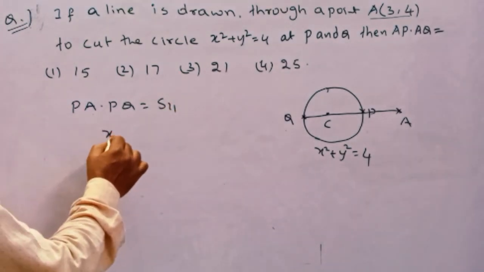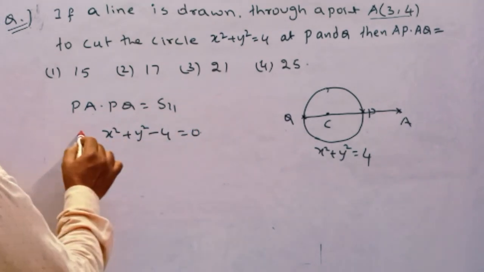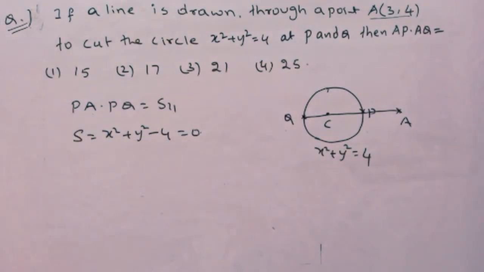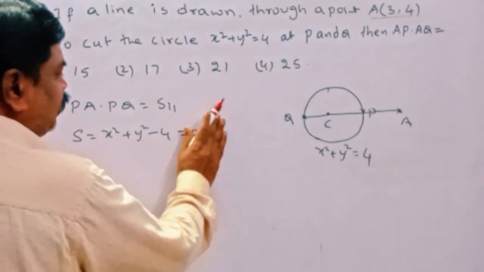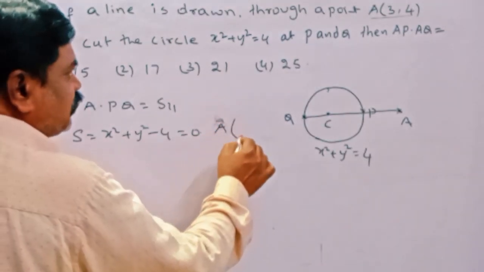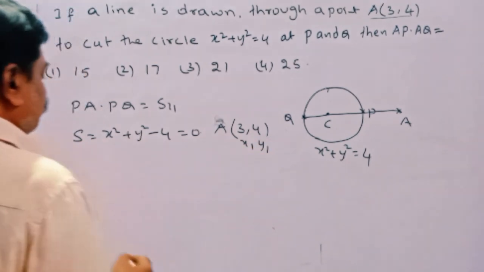Then the circle equation is x square plus y square minus 4 equal to 0. This is S. So here point A is given as (3, 4), that is (x1, y1).